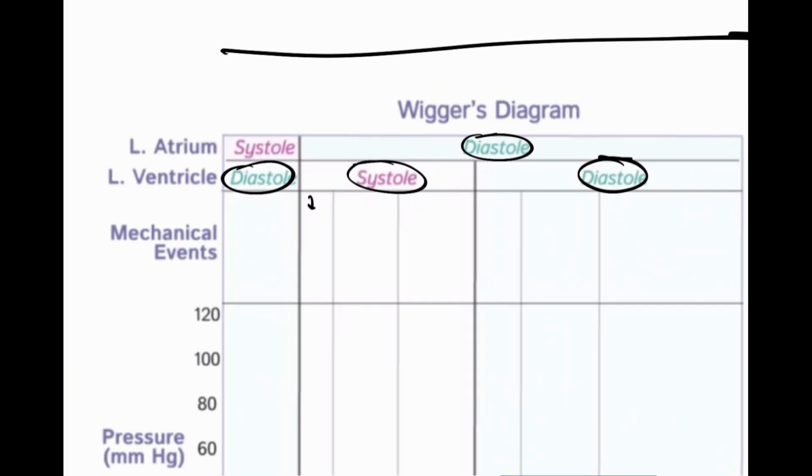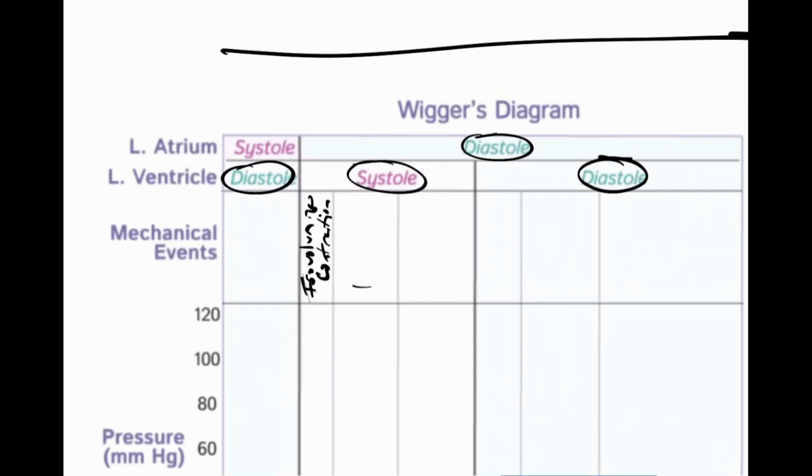Isovolumic contraction, right? We're trying to generate the pressure. So the first step, isovolumic contraction.